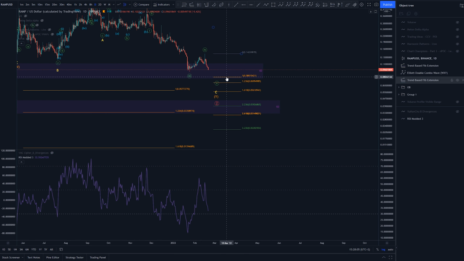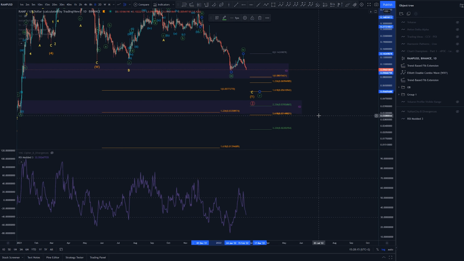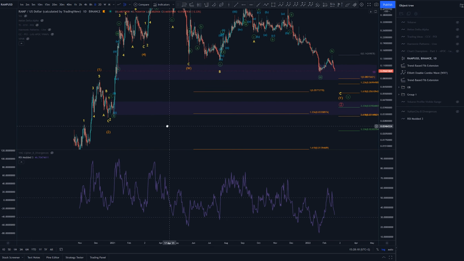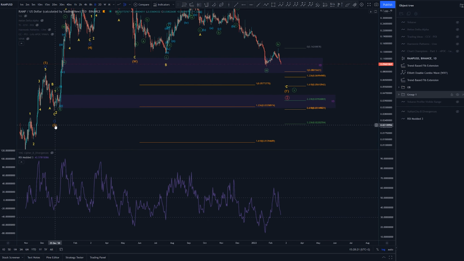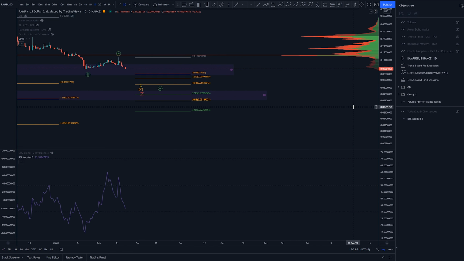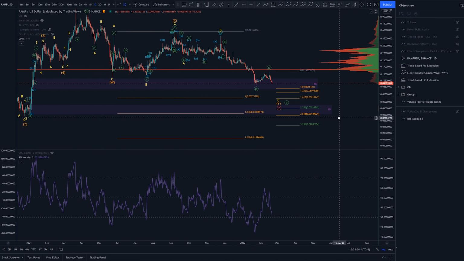I think the 1-to-1 is still a probable target, also 1.618, and if that doesn't really hold it, we still have this order block down here, that is the intermediate 2 or close to it, and there should be volume here. Well, of course this doesn't show it for some reason. Maybe it's just because, yeah, well, you can see basically a few pixels here that are showing the order block.